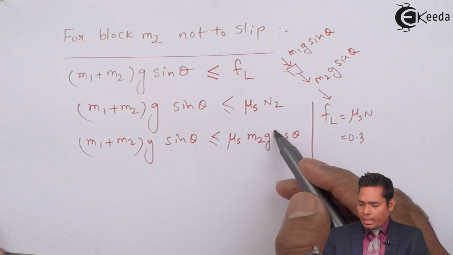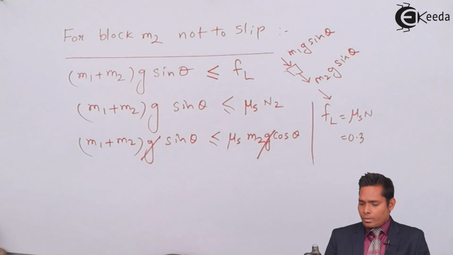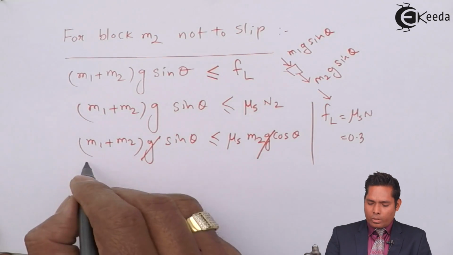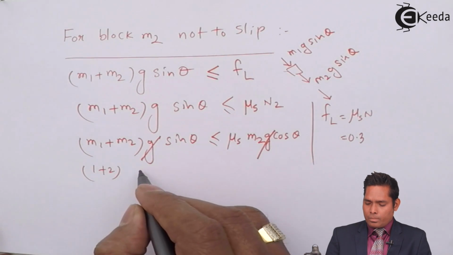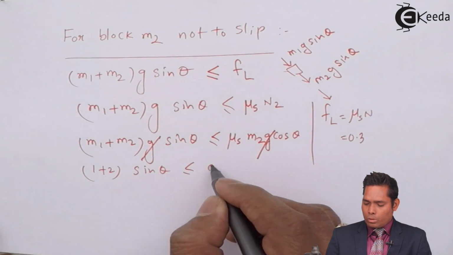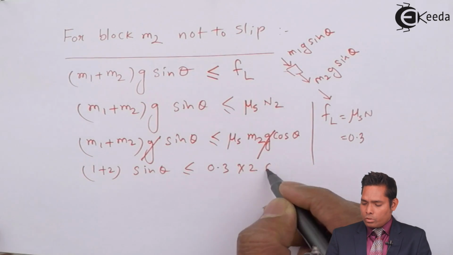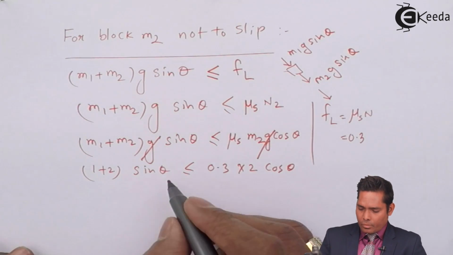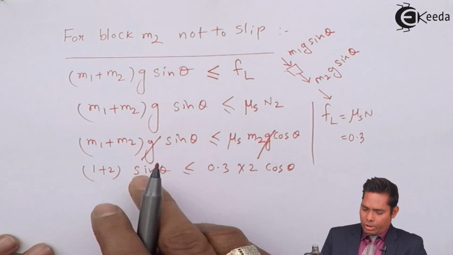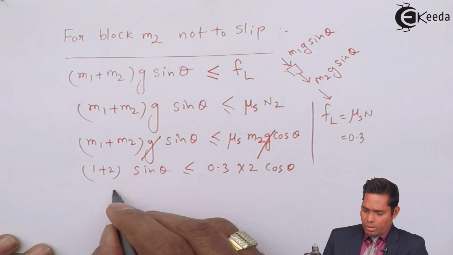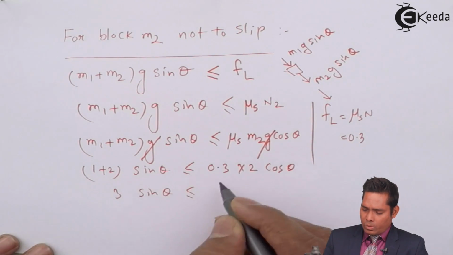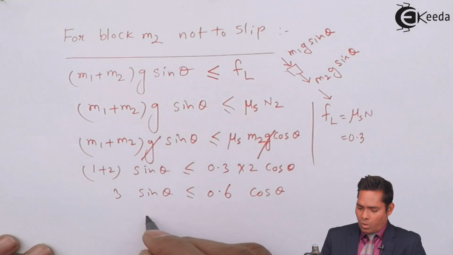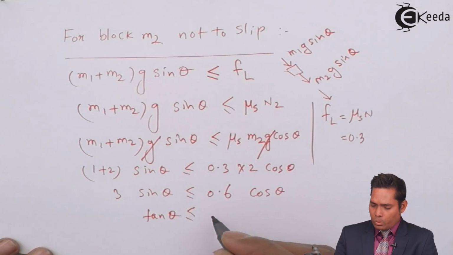If I solve this, g will cancel. M1 plus M2, I now substitute the values. M1 is 1 kilogram, so 1 plus 2 is 3 kilogram. Sine theta is less than or equal to 0.3, M2 is 2, into 2 cos theta. So 3 sine theta is less than or equal to 0.6 cos theta, or tan theta is less than or equal to 0.2.